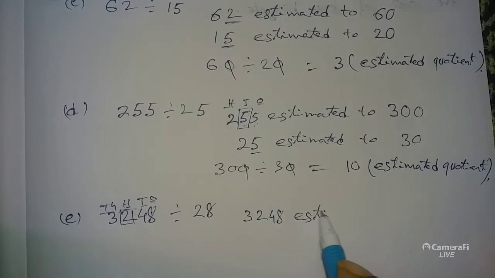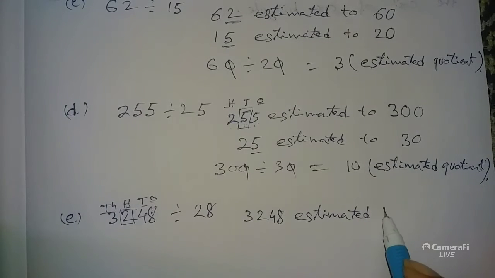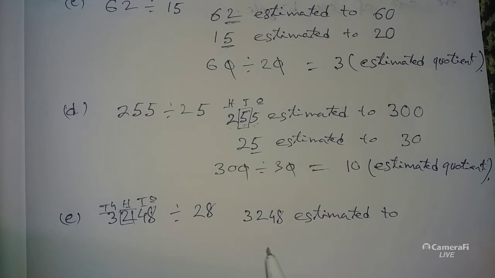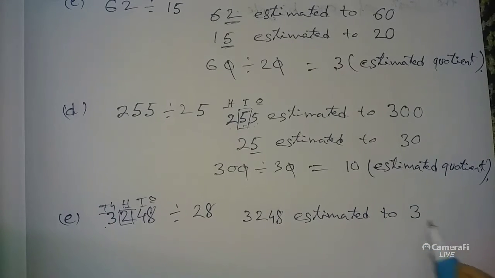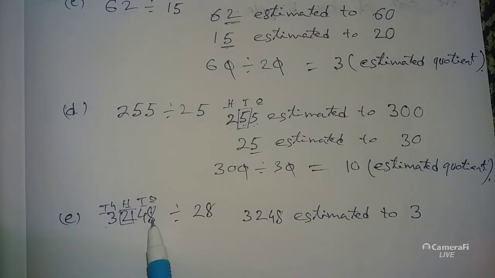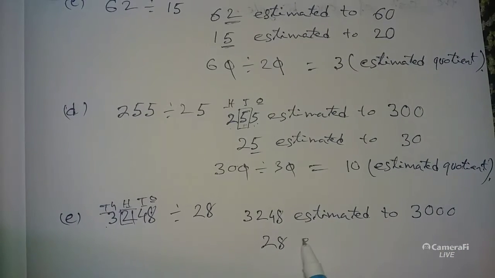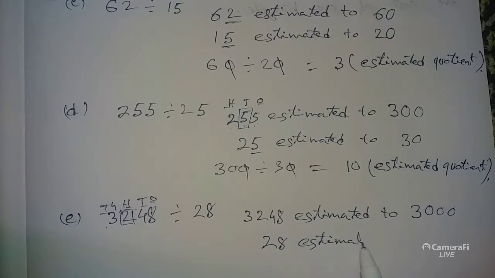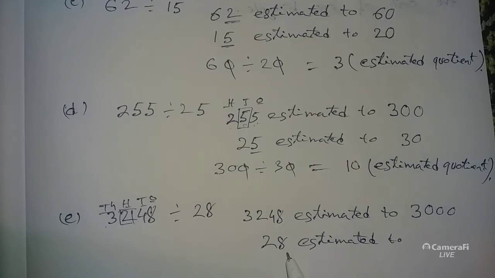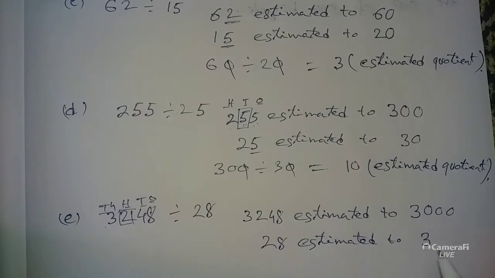So 3248 is estimated to... the 100 place digit is less than 5, so the 1000 place digit will have no change, 3. The other 3 digits will be 0, 0, 0, so 3000. And 28 is estimated to... see the 1 place digit is 8, greater than 5, so the highest 10 place digit will increase by 1, to 3, another digit 0, 30.